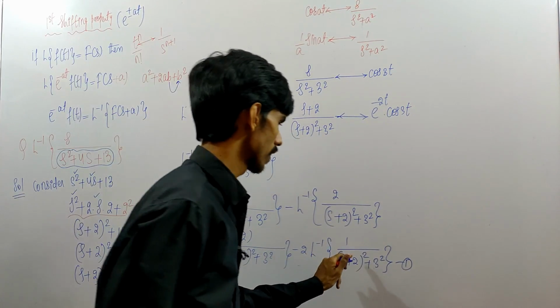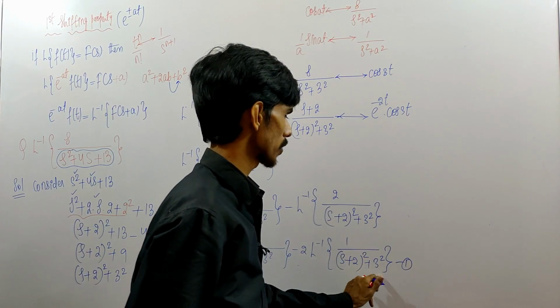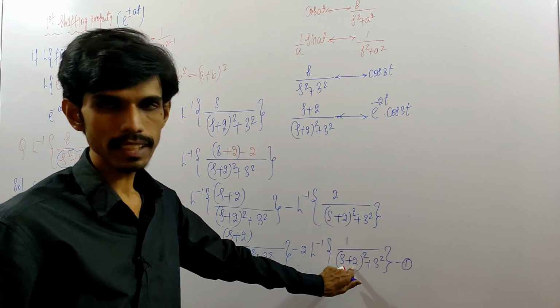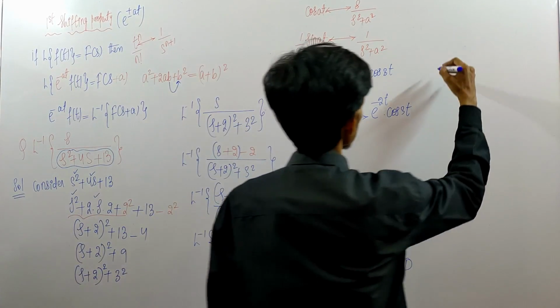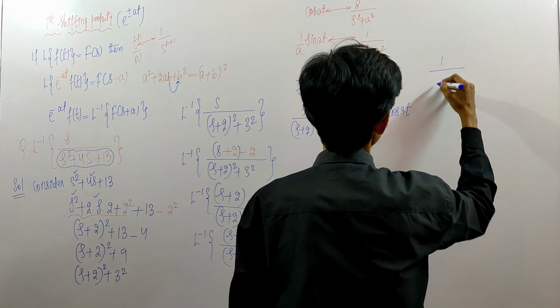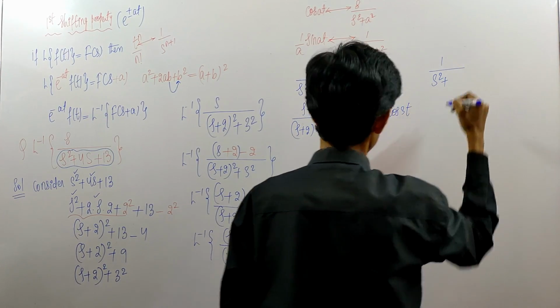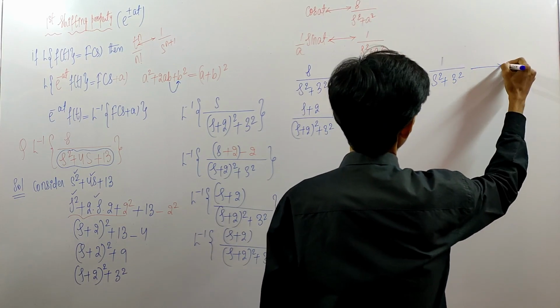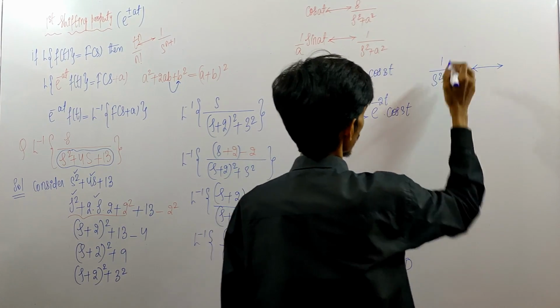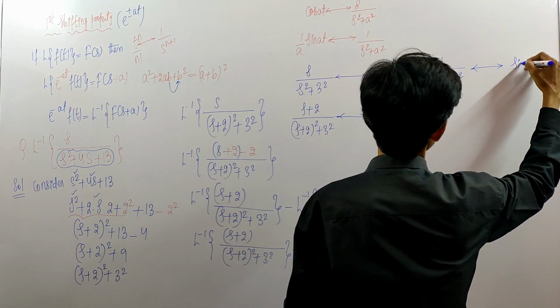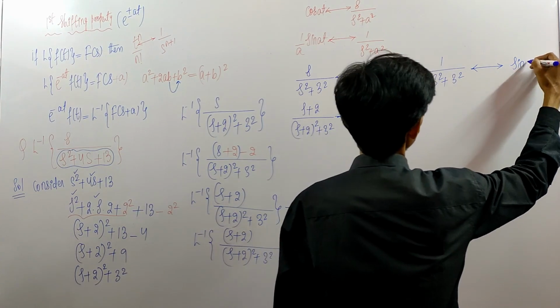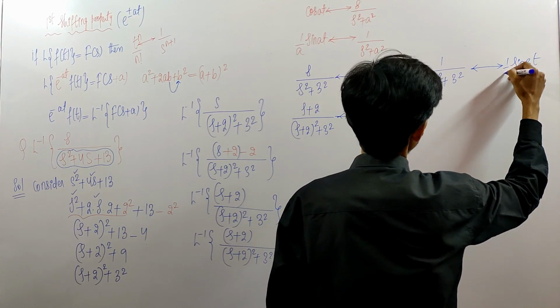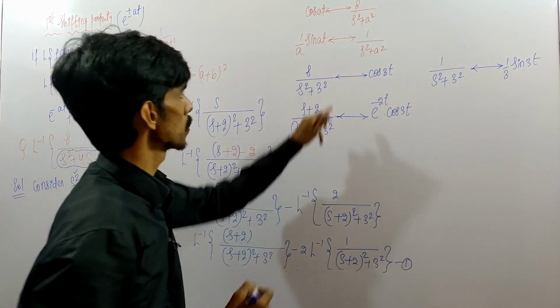Similarly, here we have 1 by (s plus 2) whole square plus 3 square. So we will treat this s plus 2 as s. So 1 by s square plus 3 square transforms to, here we have constant, so we will take sine, here we have 3t, here we will get 1 by 3 using this formula.